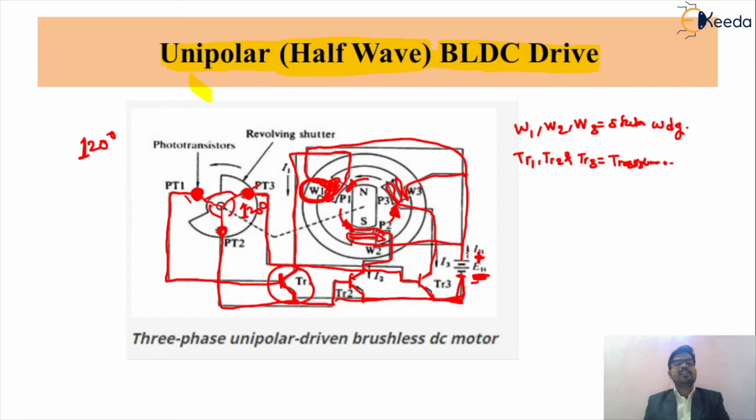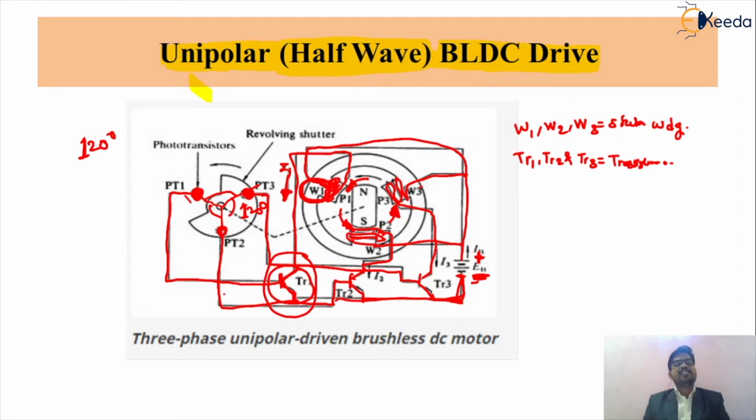And when we remove the supply, due to the property of its inductance, the stored energy, in the form of current, will keep flowing through TR1. So this is the current I1 which will be flowing through TR1, and due to the larger value of this current, the transistor may be disturbed. This transistor may be disturbed. A similar thing will happen with PT2 and PT3.